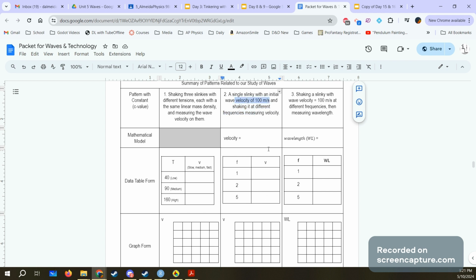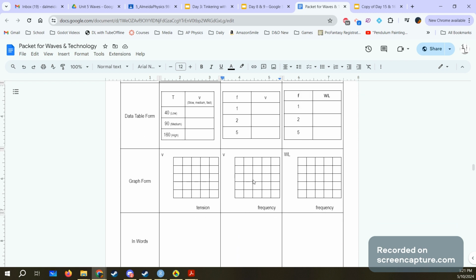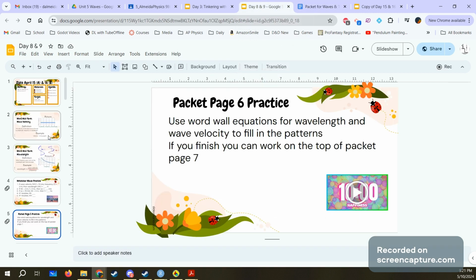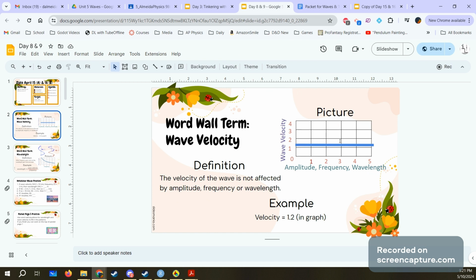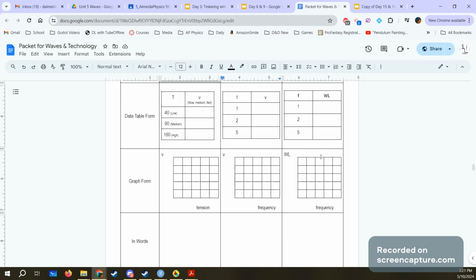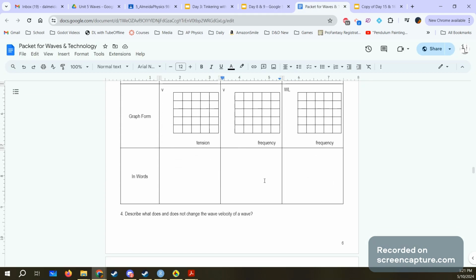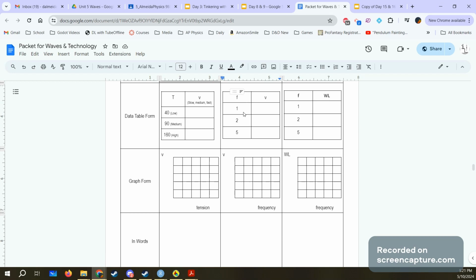Velocity 100, 100, 100. And we get that horizontal line that we saw in the slides earlier. Again, wave velocity is not affected by frequency. In words, we would say that as the frequency increases, the wave velocity stays the same.